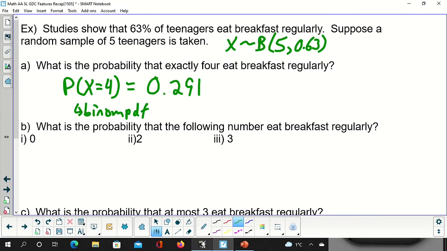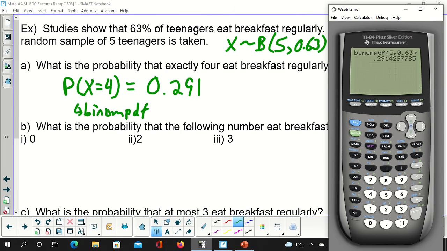Now this next question is asking us for a whole bunch of other ones, and I just want to show you how you could get lists to deal with this. So we can press Stat, go into our lists and clear them out. And one thing I can do is think about the number of teenagers that might have breakfast regularly. So it could be 0, 1, all the way up to 5.